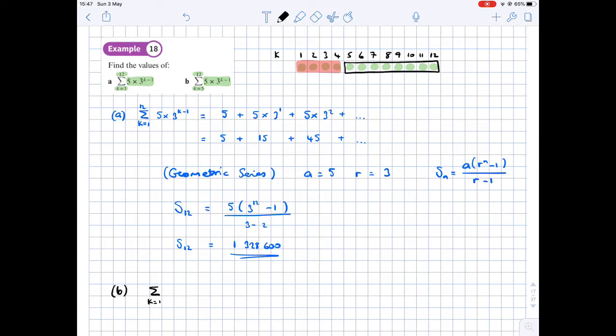So the sum from k equals 5 to 12, and we're trying to make sure our working is clear, is equal to the sum from k is 1 to 12, and from that we're going to subtract the sum from k is 1 to 4.